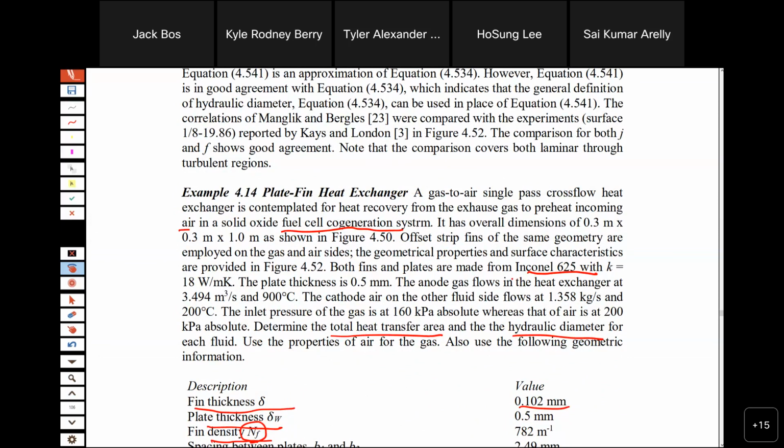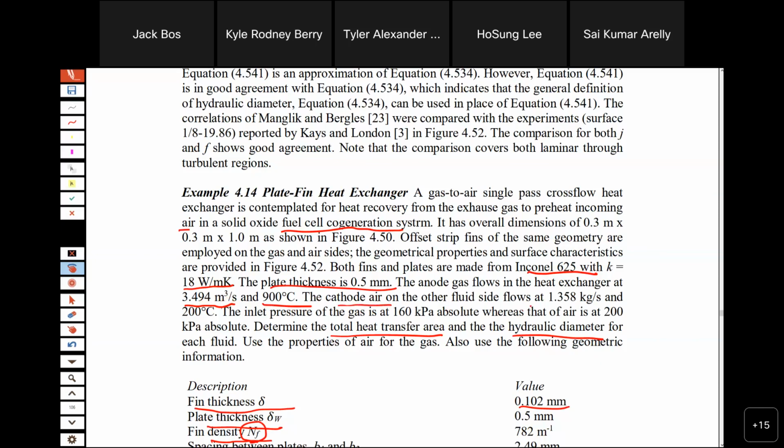This is a very high temperature resistant material, stainless steel, something like 625 K is given, thermal conductivity, plate thickness is given, and the temperature, gas flow rate, volume flow rate was given. 900, wow. 3.494 cubic feet per second, huge.